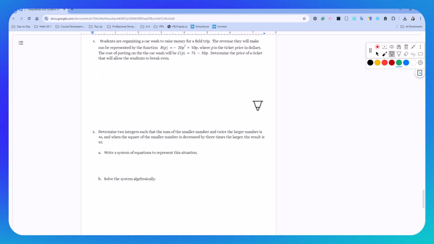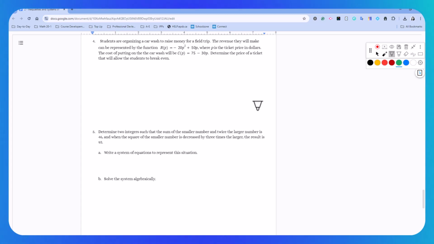Well, I hope you had a good time with those questions and that you were able to figure them out. We're going to keep moving on and go to some problem solving. Students are organizing a car wash to raise money for a field trip.